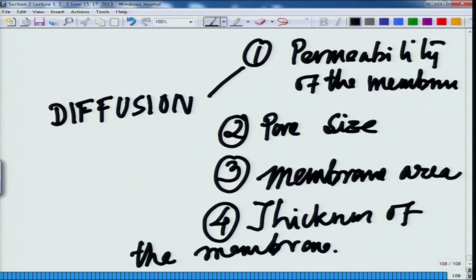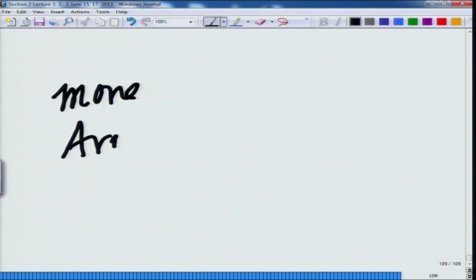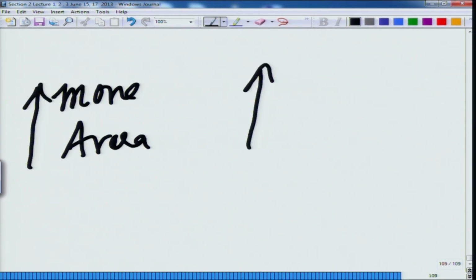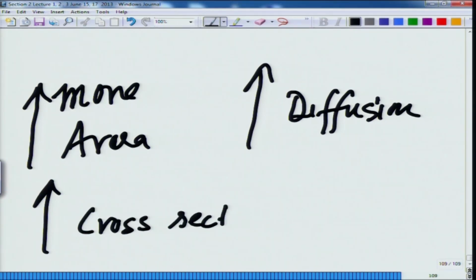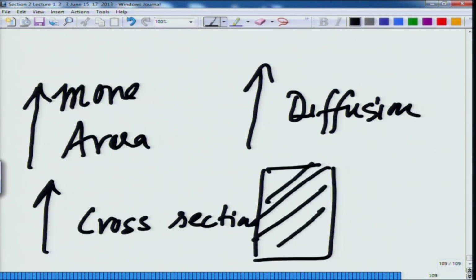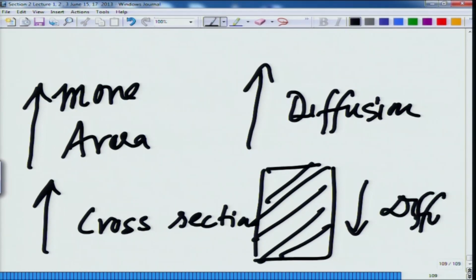So, if you have more area, and I am just putting an upward arrow, then the possibility that the diffusion will be more, provided the pore size supports it. Or, for example, you have more cross section to travel, in other words the membrane is very thick, so there will be a slower diffusion.